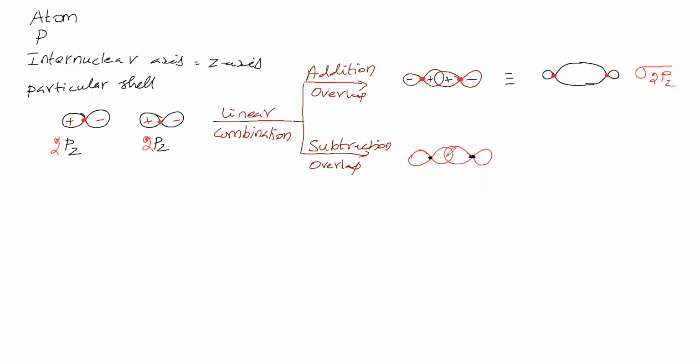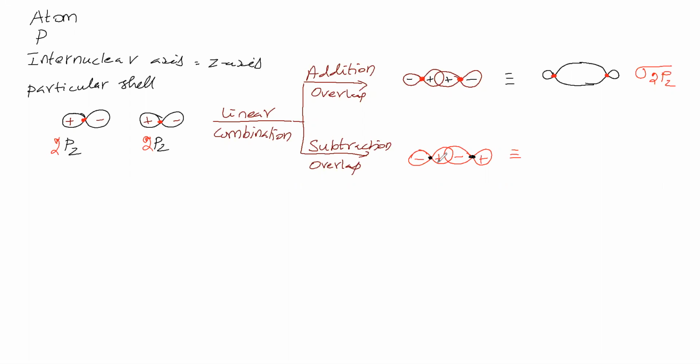For the overlapping lobes we have to give opposite signs. Here positive means here you have to give negative, then only subtraction overlap. Subtraction overlap means overlapping lobes should have opposite sign.